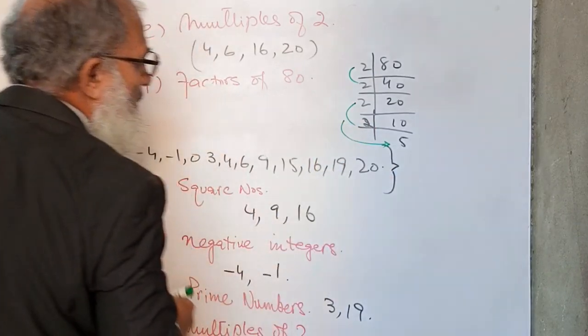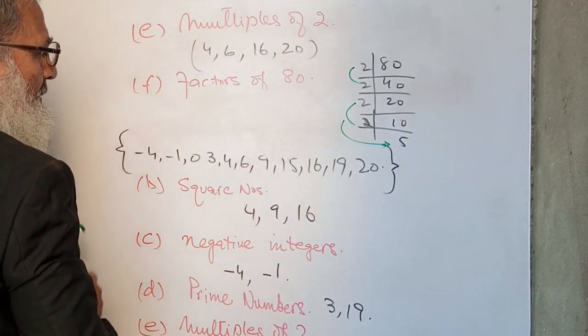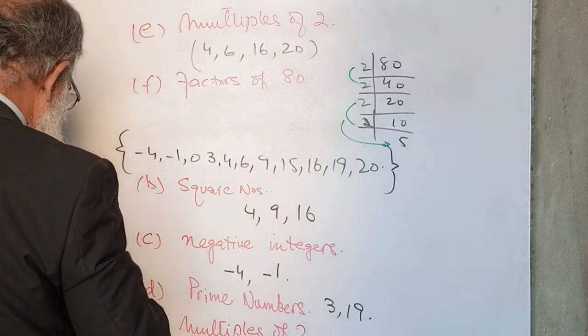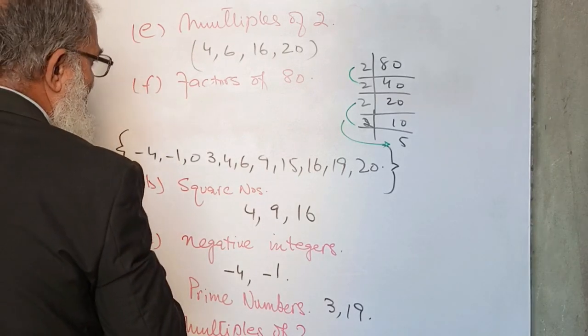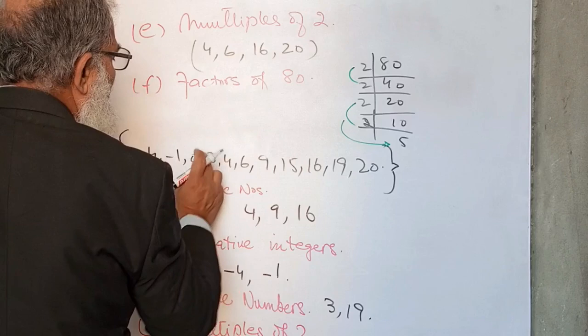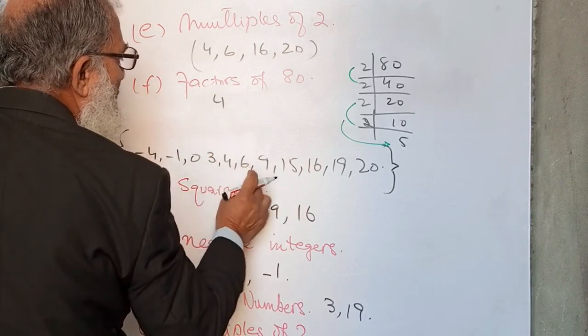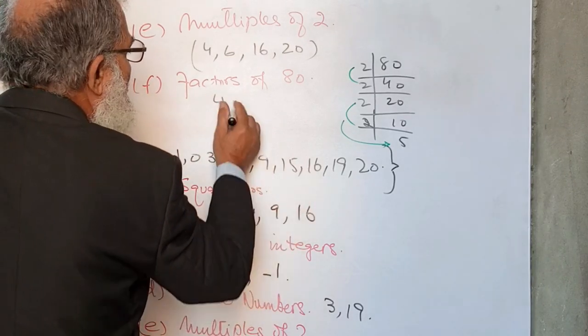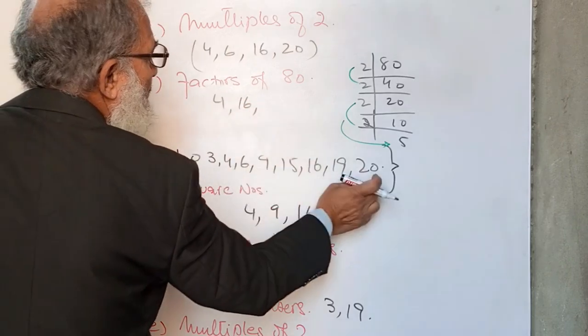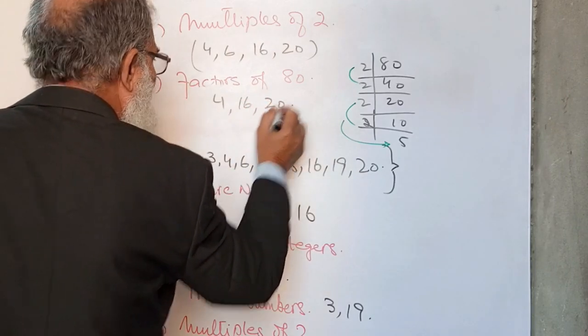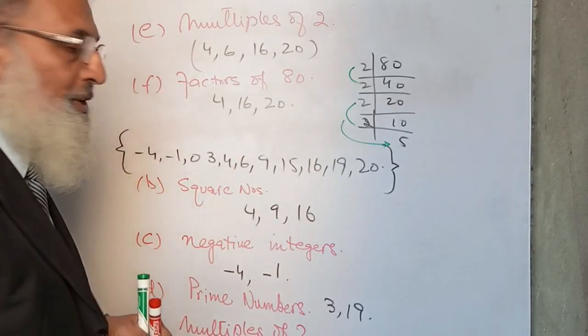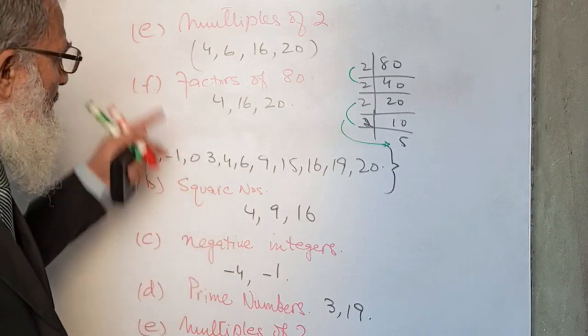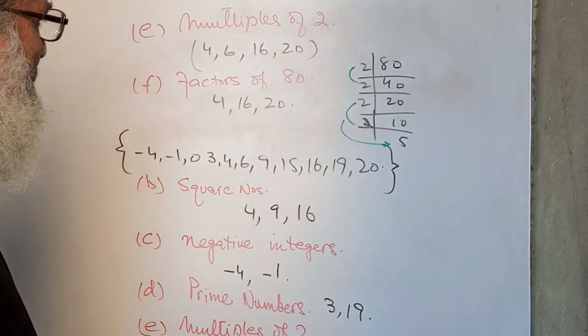Now this is 20. So the factors of 80 are 4, 16, and 20. So this was the end of the first question.